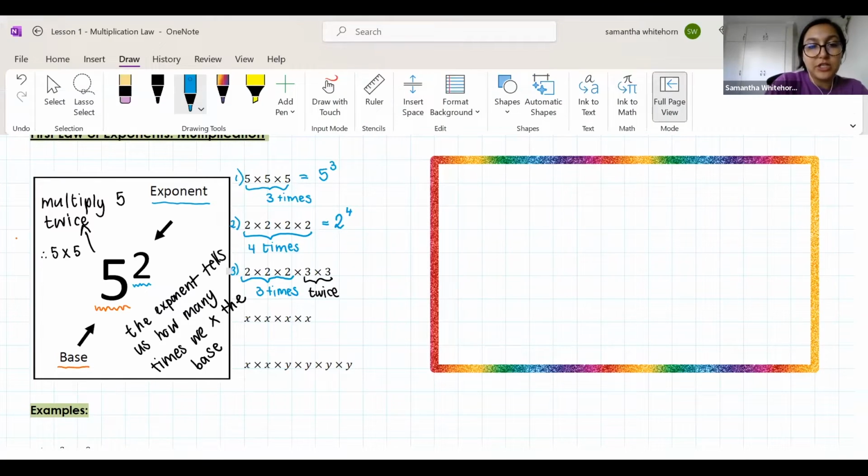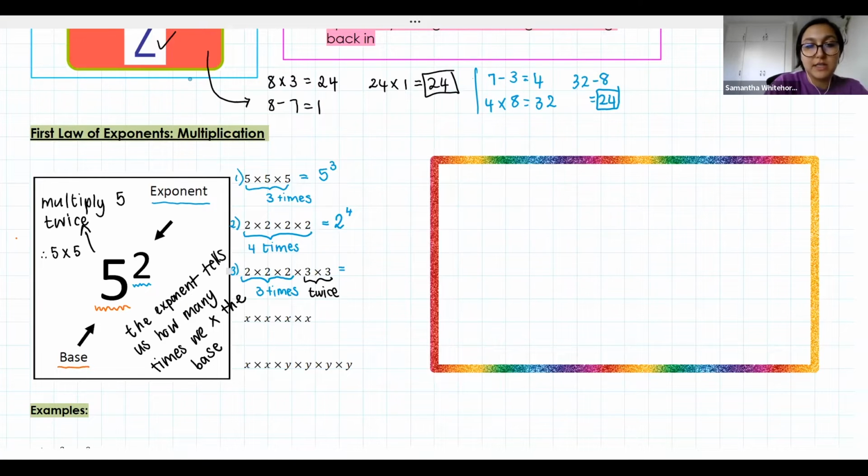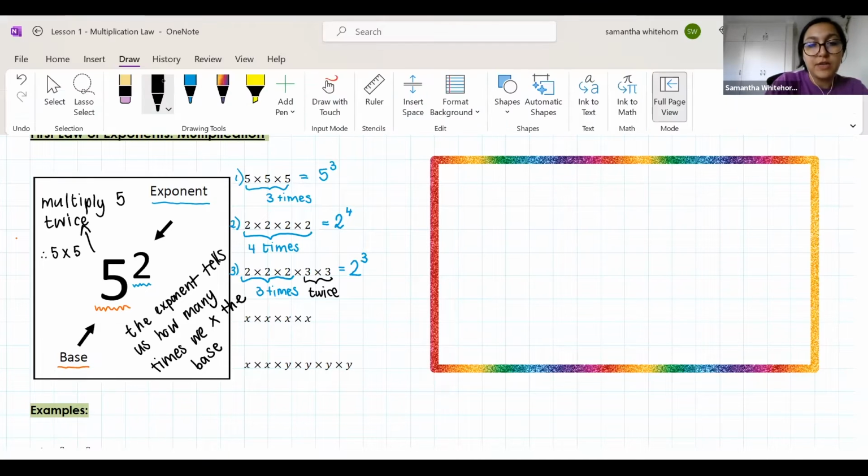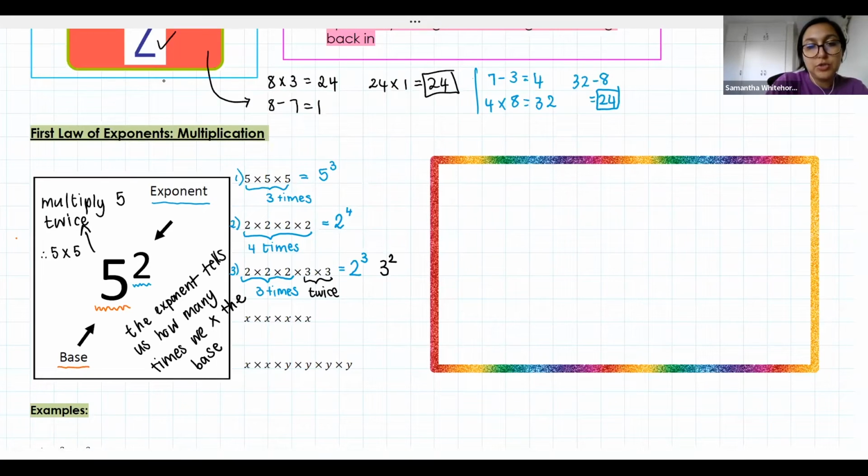And so when I have a situation like that, I can still write this as an exponent. I'm multiplying 2 3 times, and I'm multiplying 3 2 times. Now these are still being multiplied. That is the operation that's happening between these 2 numbers. So I've still got a multiplication, but I can condense it, or I can simplify it into an exponential form for myself. And so again, the exponent tells me how many times I'm multiplying a number or a value.